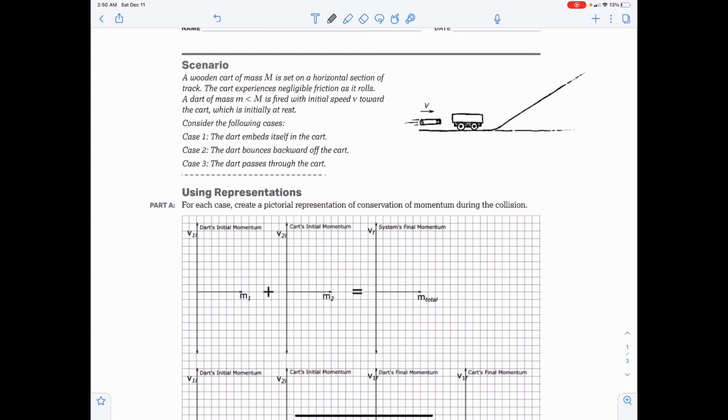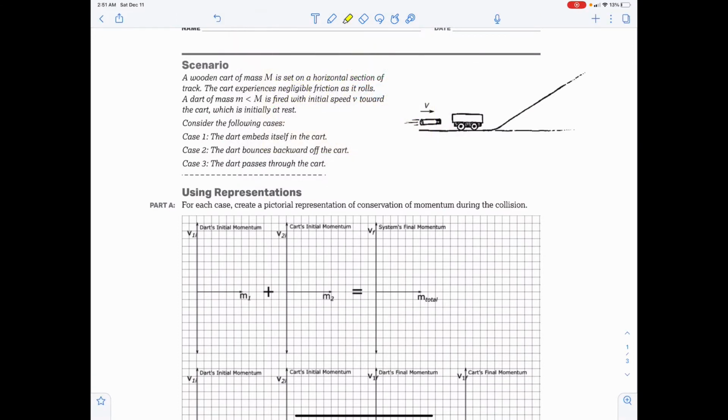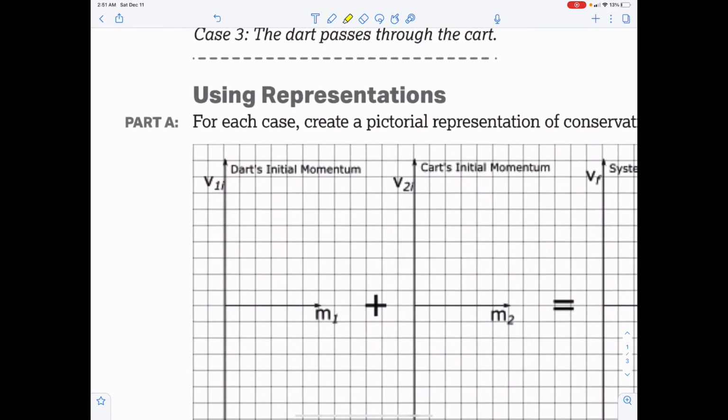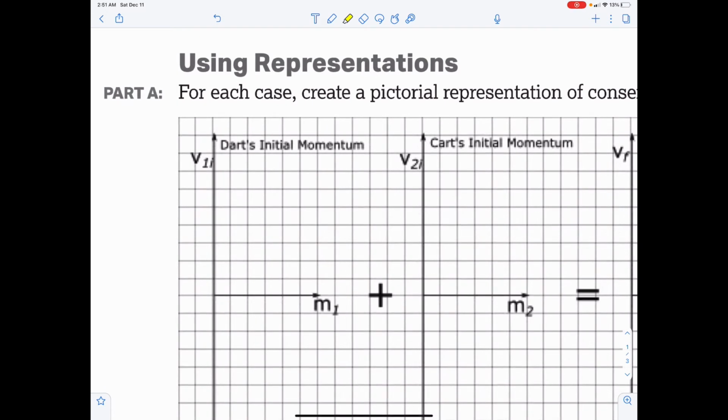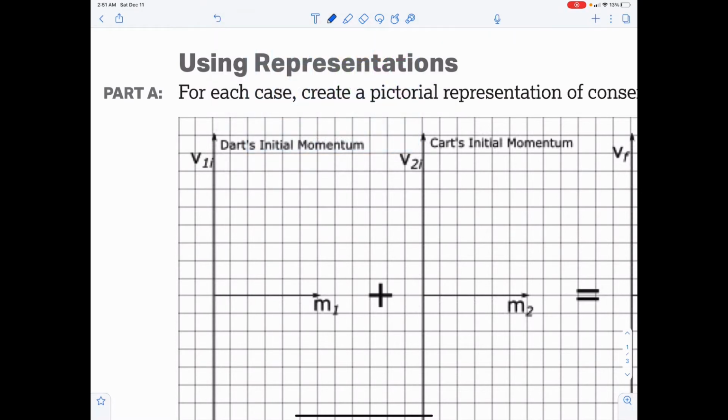Now, case 1 would be a case where we have an inelastic collision. So let's see how we would represent that. What I'm going to do is say that each unit is going to be mass M. And I'm going to shade 7 boxes going up just like this.